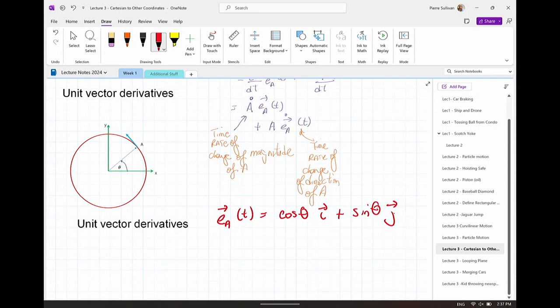Because it's a unit vector, E sub A can be described as cos theta plus sine theta in the i and j directions, respectively.